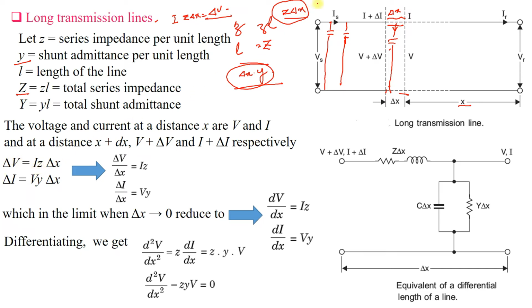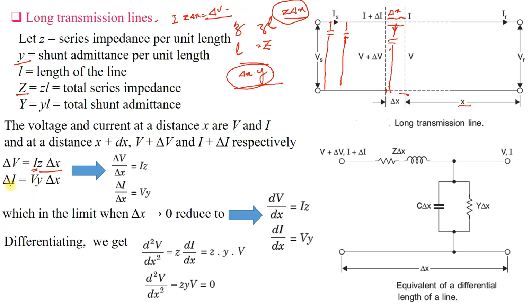Here the change in length is infinitesimally small. So to approximate this equation delta V is equal to I z delta x, we are assuming that there is no change in the current, because the change in length is very small. So the change in voltage will be I into the change in impedance, that is z into delta x. That is how we are getting this.